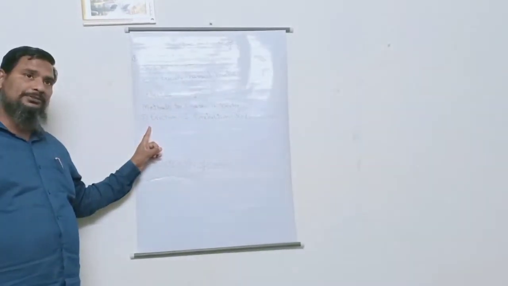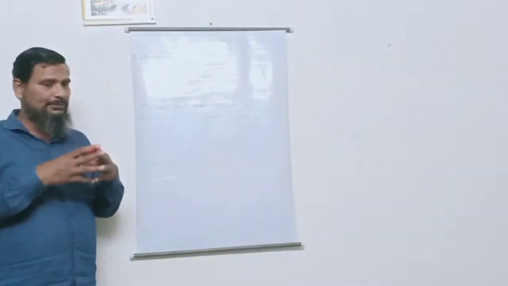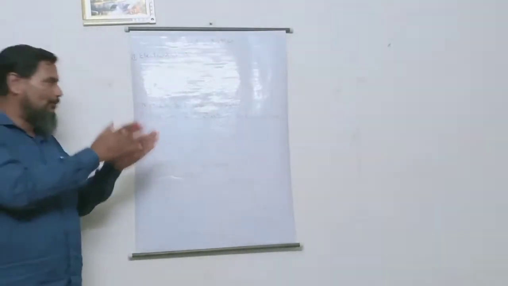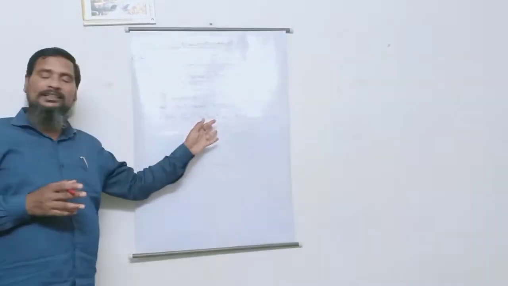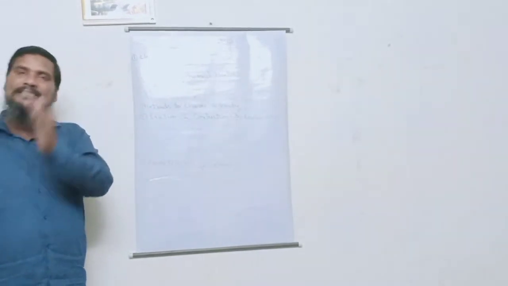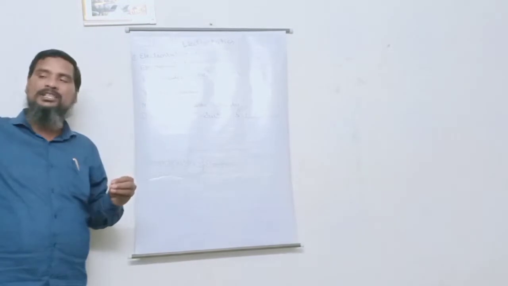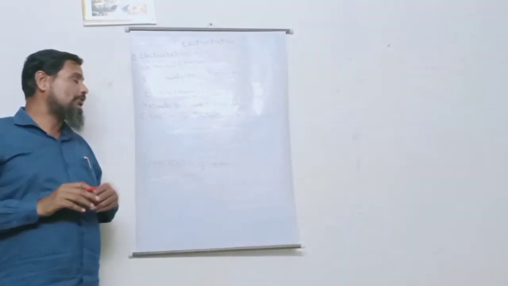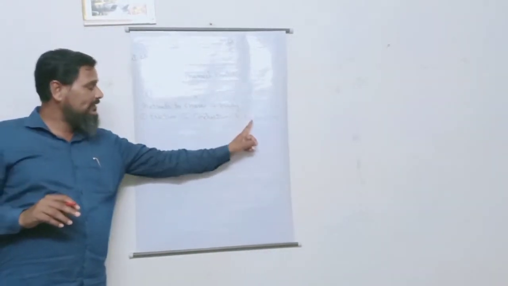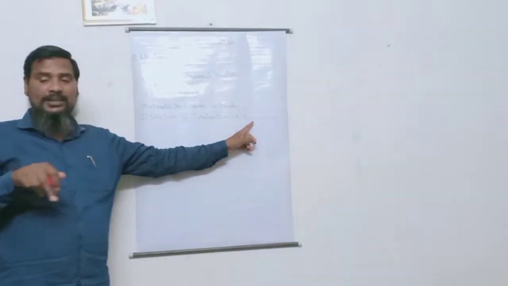In friction, two bodies are rubbed and they acquire equal and opposite charges. In conduction, a charged body is touched with an uncharged body, and the uncharged body receives some charge from the charged body, and it also becomes charged. And the third method is called induction.